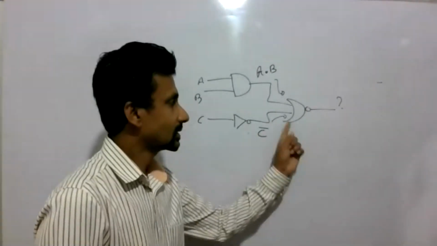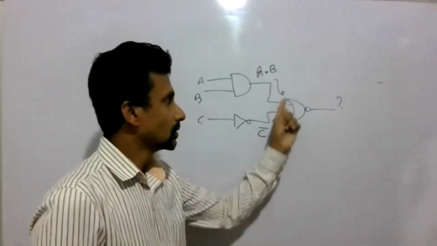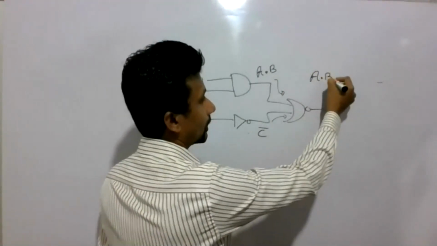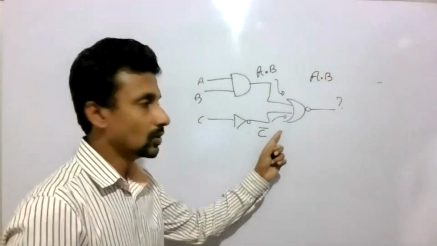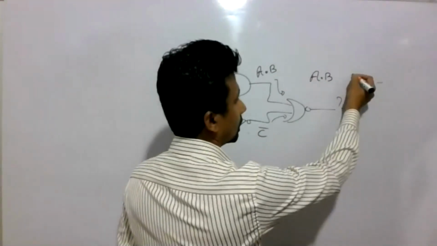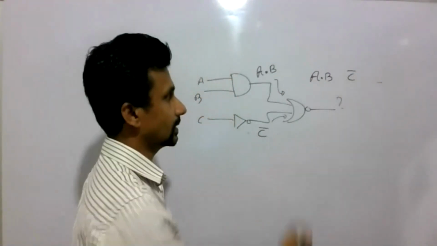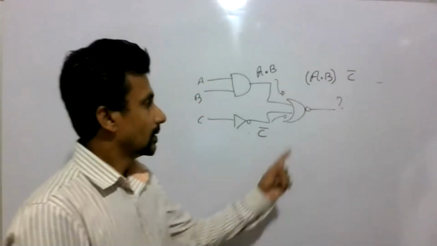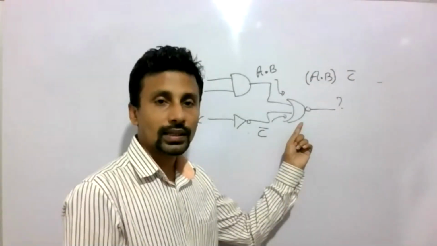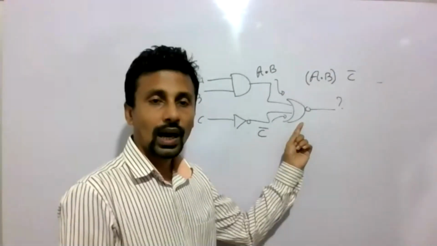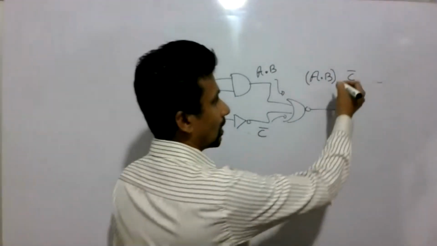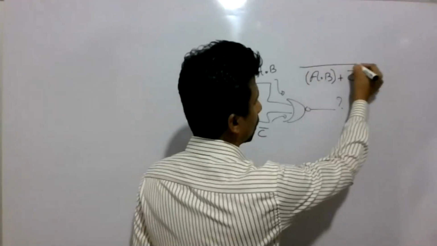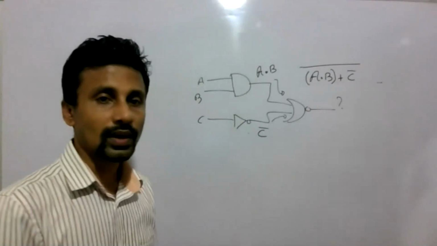From this part you are getting A dot B, and from this side you have C dash. They are connected with a NOR gate. How to write a NOR gate? You put plus, and put dash on the whole thing. So this is your answer.